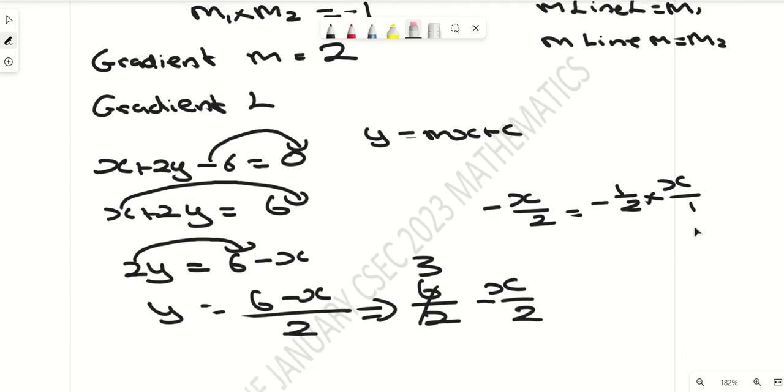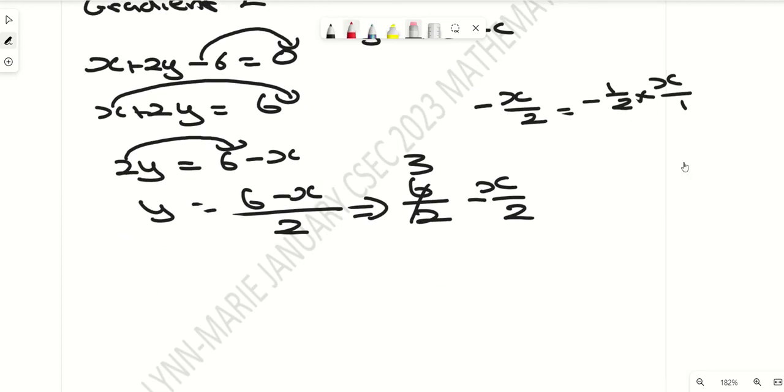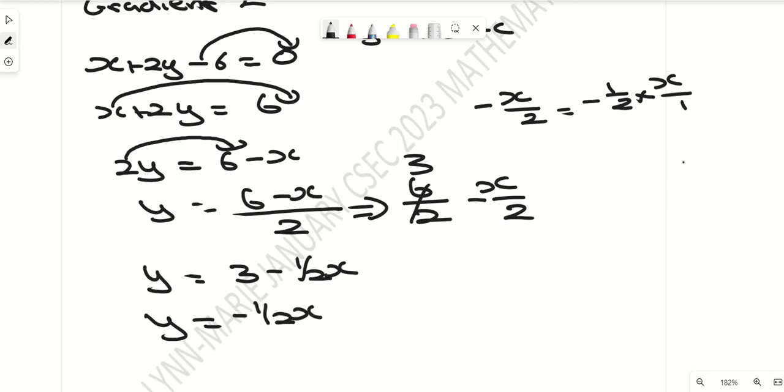So that means y is equal to 3 minus a half x, or y is equal to negative a half x plus 3. The coefficient of this line, so your gradient, according to this, is negative a half.